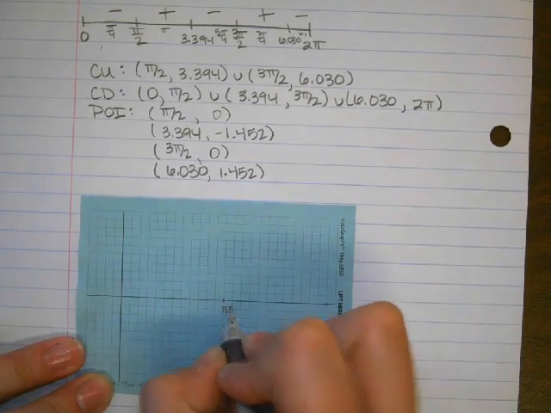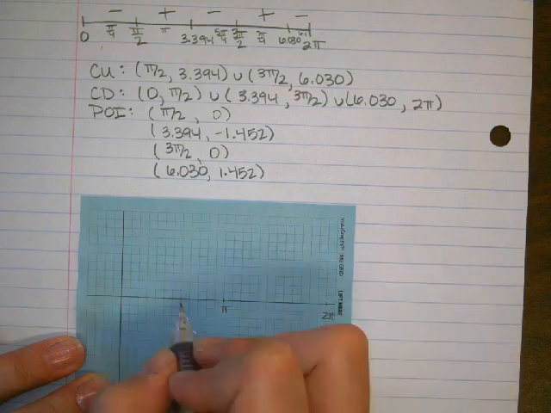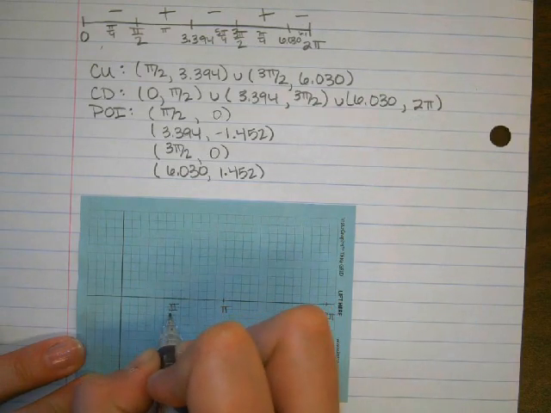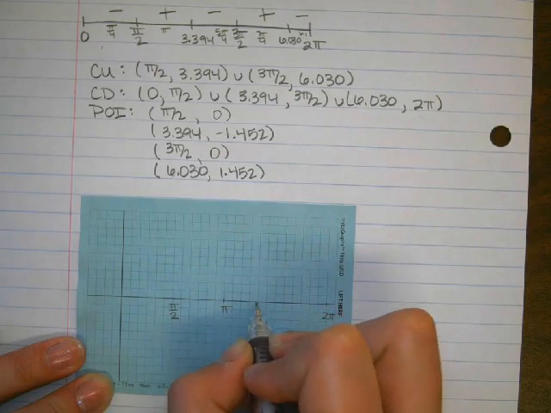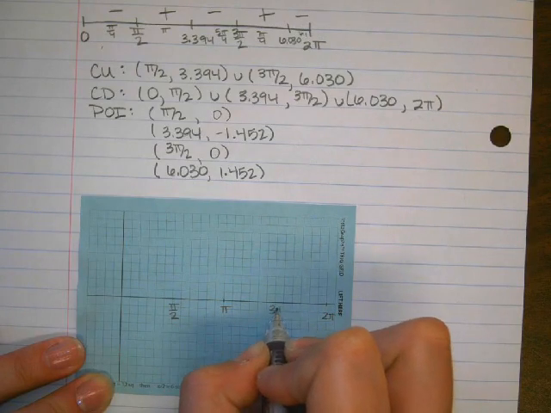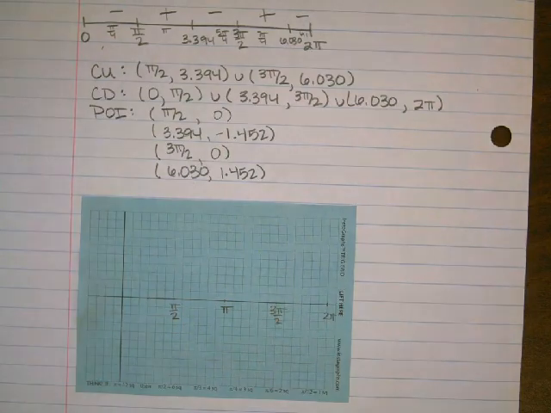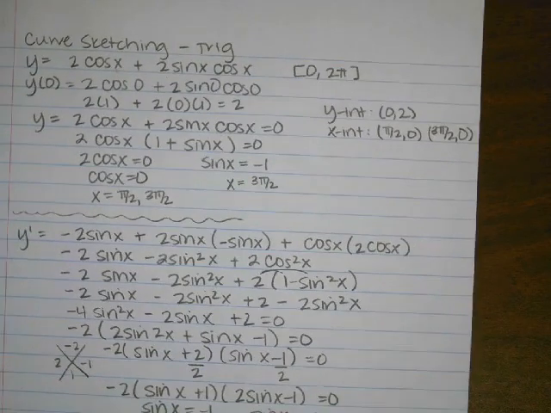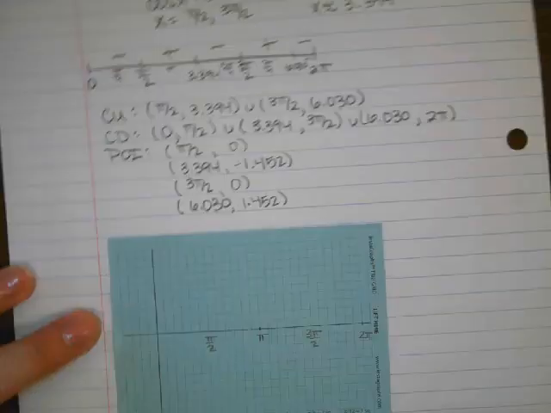So if we do this as pi and this is 2 pi, that'd be pi halves, 3 pi halves. Okay, so some of the information that we had on there was that we had a y-intercept of 0, 2, x-intercepts at pi halves and 3 pi halves.